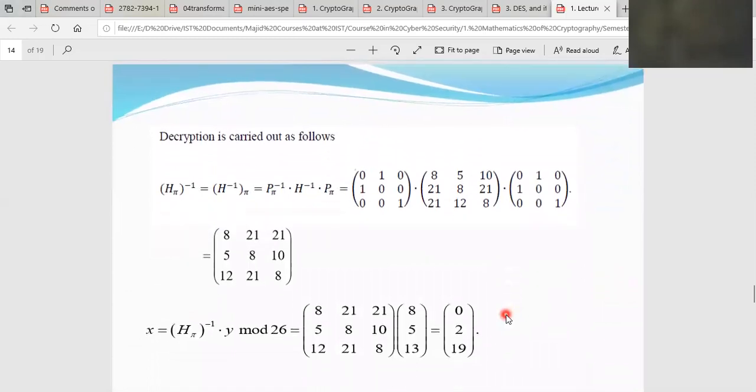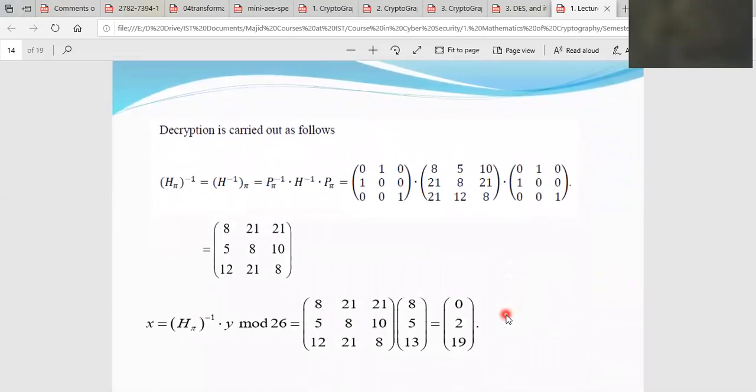Dear students, in order to get back our plain text from ciphertext y, we have to calculate H inverse pi, which is equal to pi inverse times H inverse times P pi.